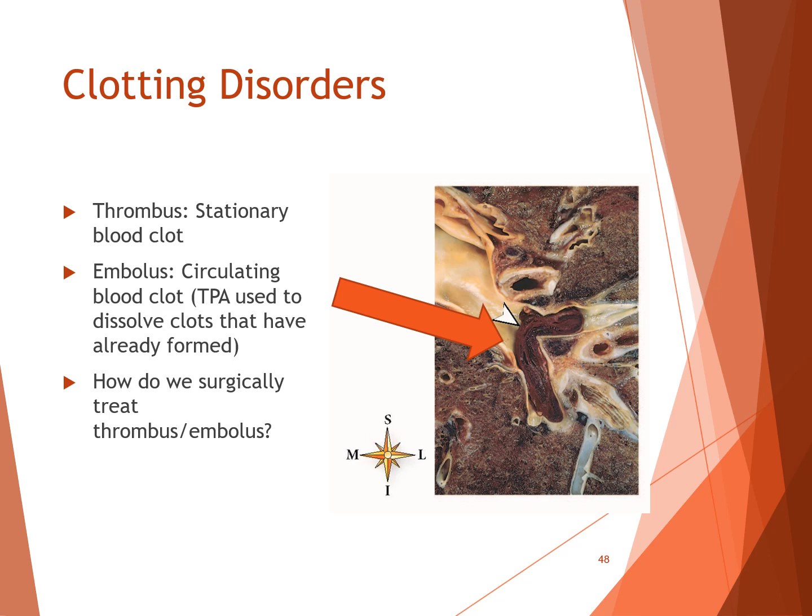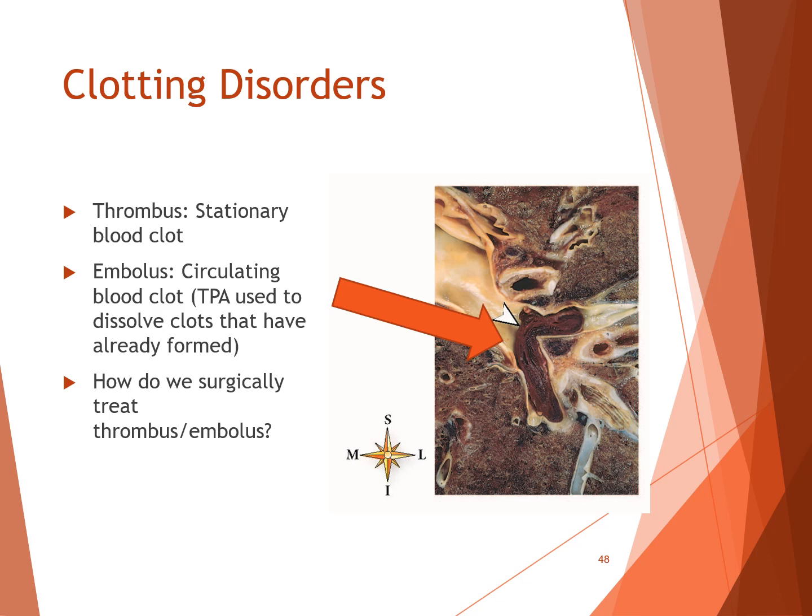So if you have some sort of stationary clot and a piece of it breaks away and starts floating through the circulatory system, that is referred to as an embolus. And as the vasculature gets smaller and smaller, there's a risk of that embolus getting stuck somewhere downstream, and that can cause a difficult situation for the patient, a harmful situation.